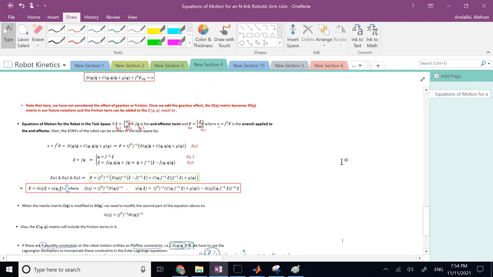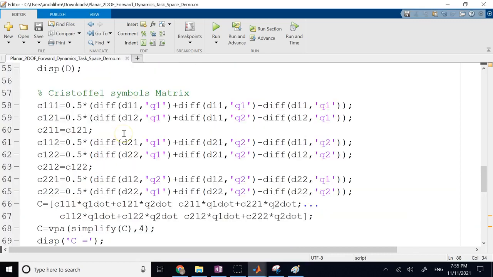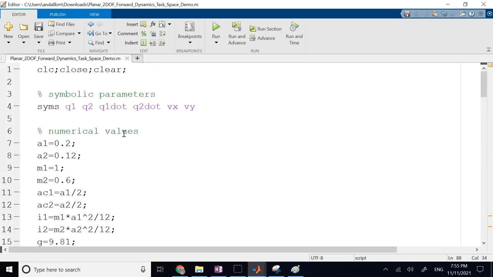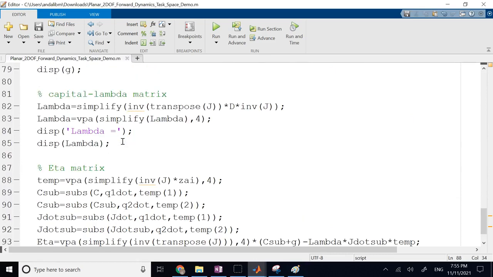And in my next video, for which I wrote some code for you, I'm going to show you how to use MATLAB symbolic to get these matrices C, D, vector G, lambda, eta, and so on. So that is going to be my next video, and hopefully you are going to watch that.